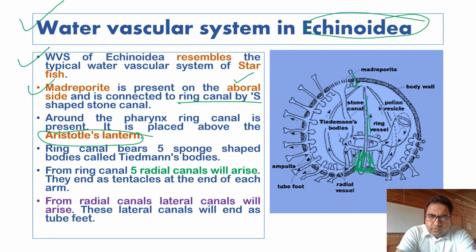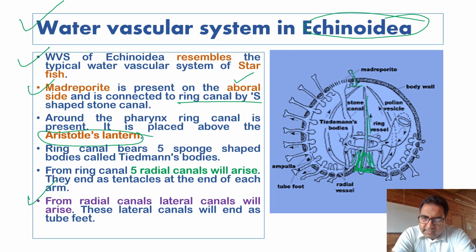So 5 radial canals will arise. They end as the tentacles at each end of each arm. From the radial canals, lateral canals will arise, and these lateral canals will end up at the tube feet.